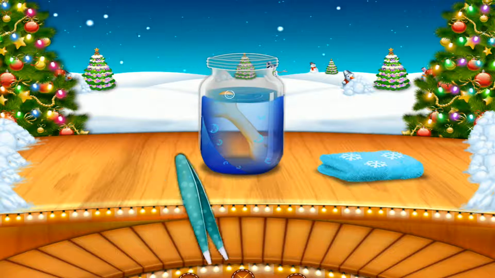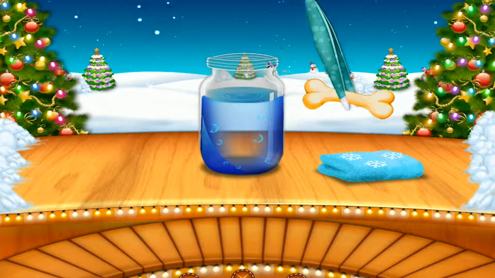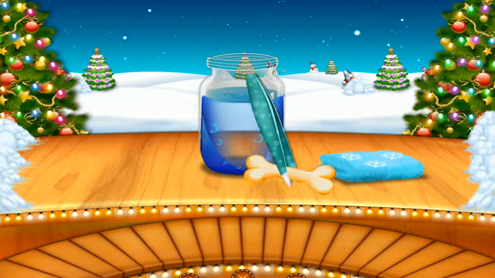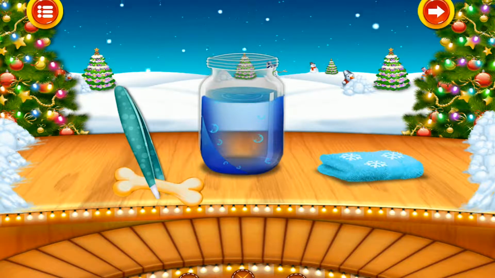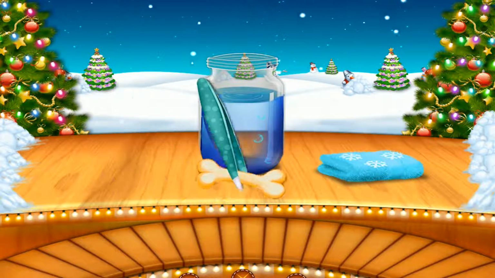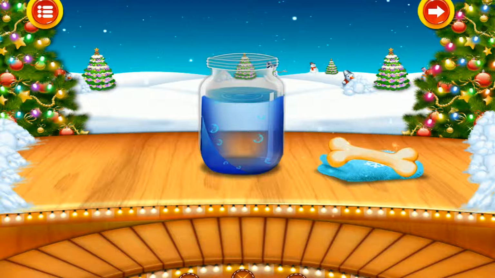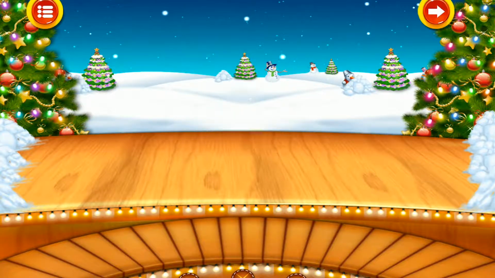Place a piece of fabric on the shelf. Now try and bend the bone.